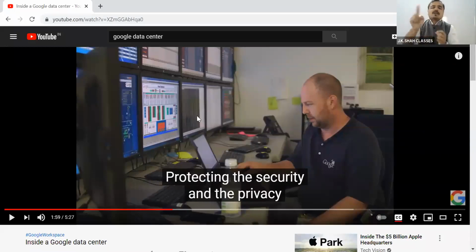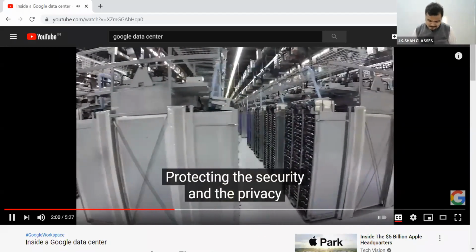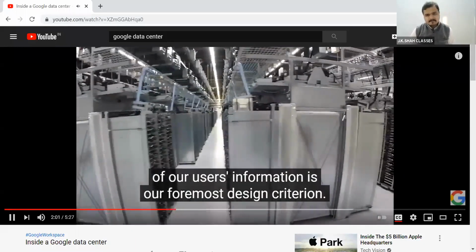That technology is called cloud computing. Once again, read the definition which I had given to you. Cloud computing is a method or a technology whereby data can be accessed from anywhere at any time by using the internet. Understood? Yes, sir.